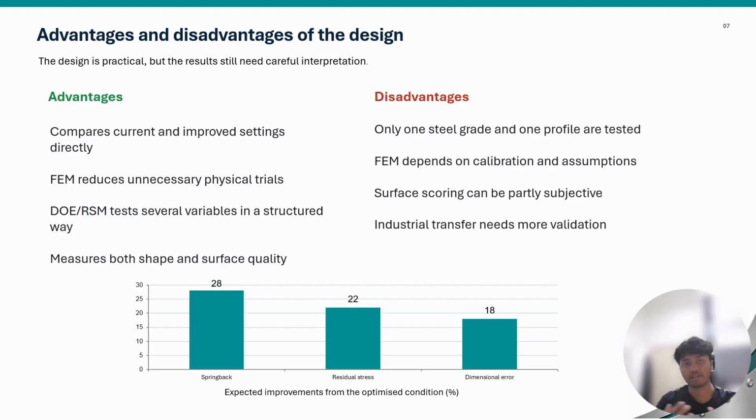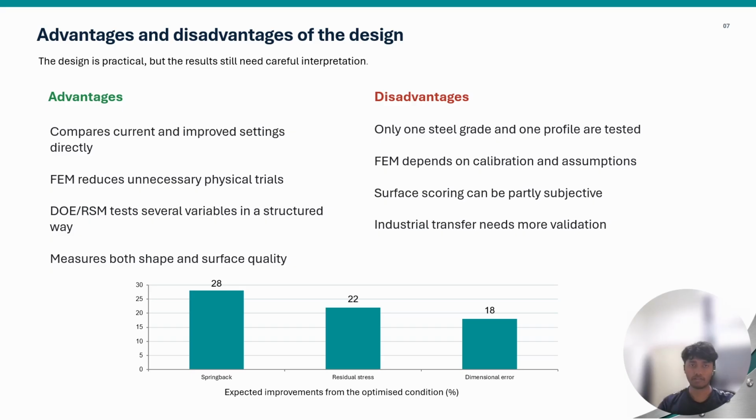The design has several advantages. It directly compares current and improved settings. FEM reduces unnecessary physical trials. DOE and RSM test several variables in a structured way. And the design checks both shape accuracy and surface quality.